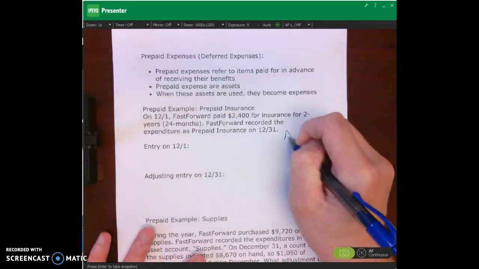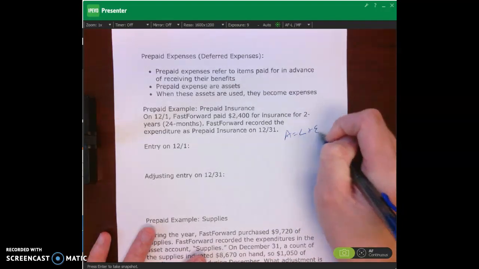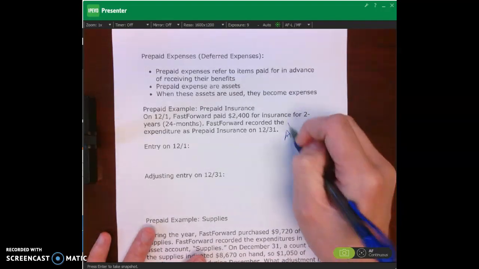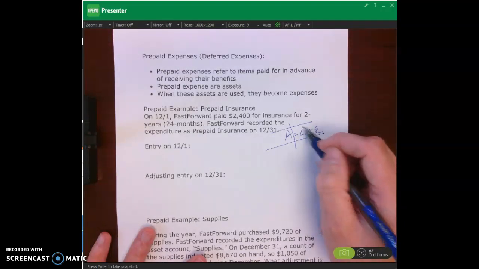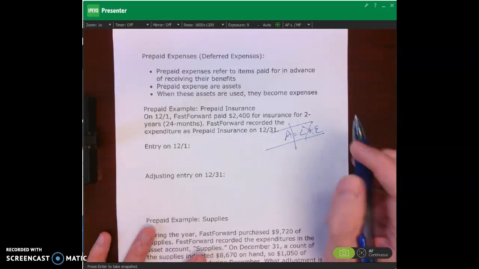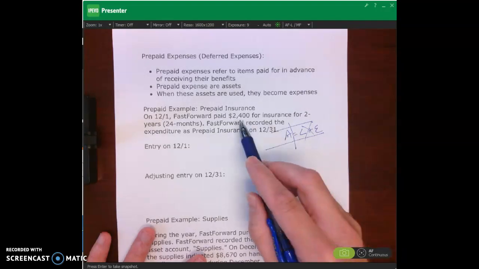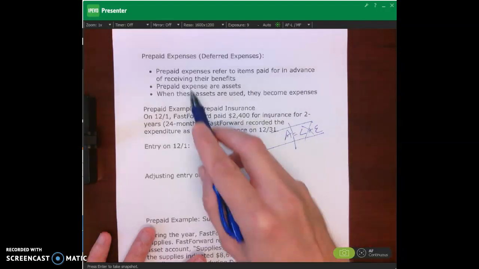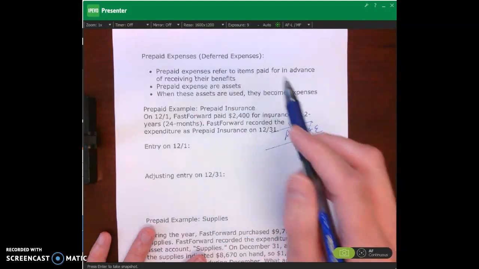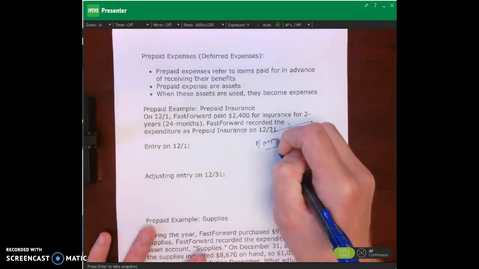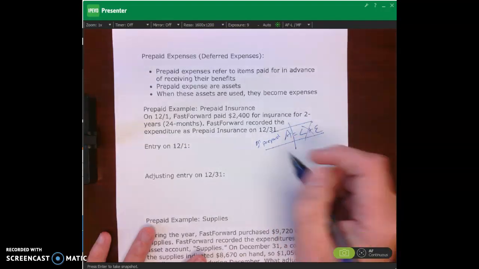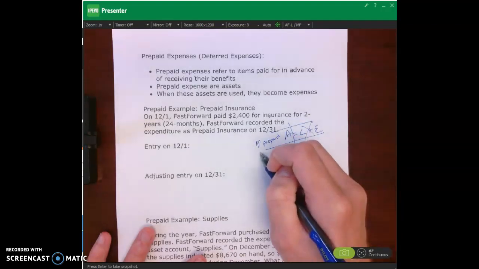So look at this in terms of our accounting equation. Assets equals liabilities plus equity. What's going on? Liabilities and equity are not being affected at all. One asset, insurance policy, which is a prepaid expense, is going up. Prepaid is going up. One asset, and what do I pay for that with?